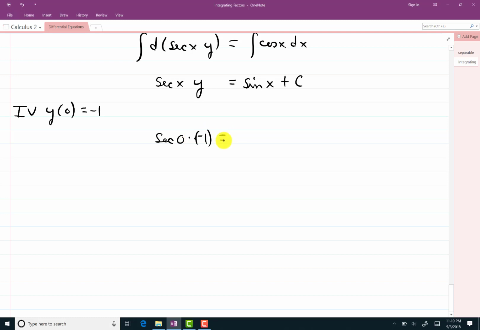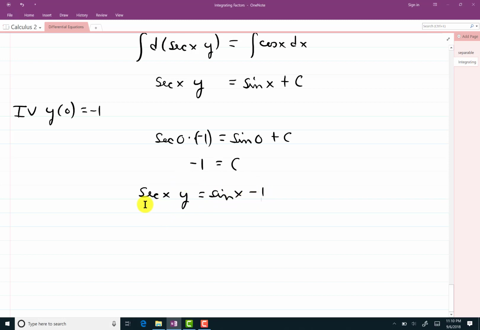That equals sine of 0 plus a constant. Secant of 0 is equal to 1. So I get negative 1 equals sine of 0, 0 of course, plus c, so negative 1 is equal to c. So I get secant of x times y equals sine of x minus 1.